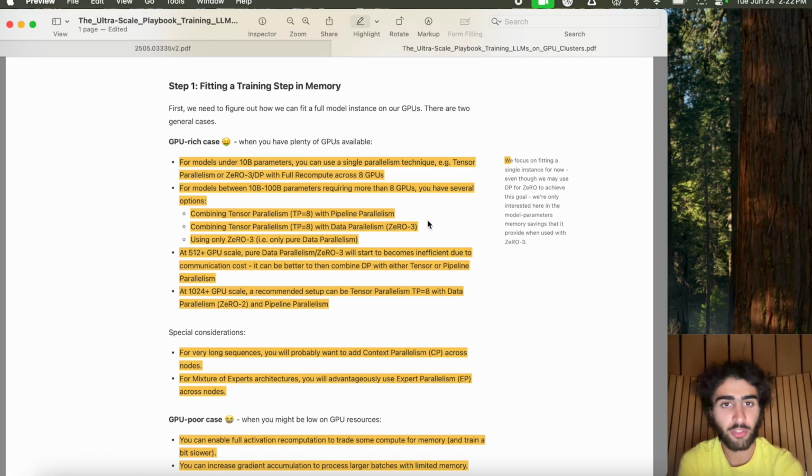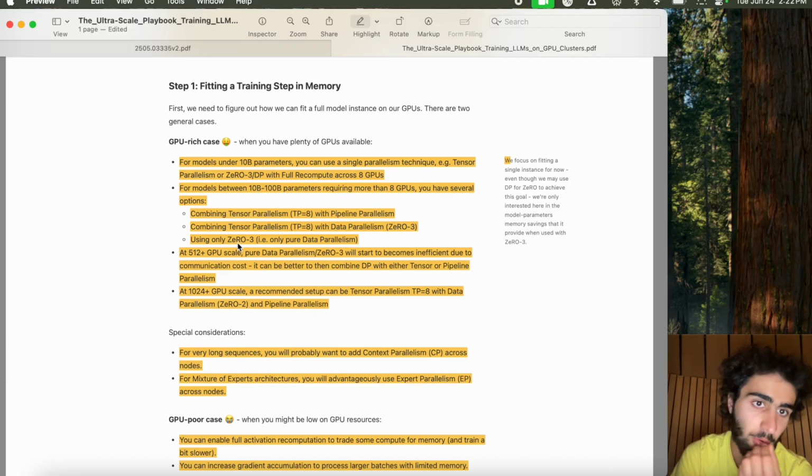In I think 2 videos ago, we discussed the similarities between pipeline parallelism and the ZeRO optimizer, which make it such that they are not really combinable, at least not ZeRO-3 with pipeline parallelism. And thirdly, they say you can also use only ZeRO-3 or purely data parallelism, but this contradicts what they say here, where you should use a single parallelism technique up to 10 billion and then more than one parallelism technique from 10 to 100 billion parameter models.